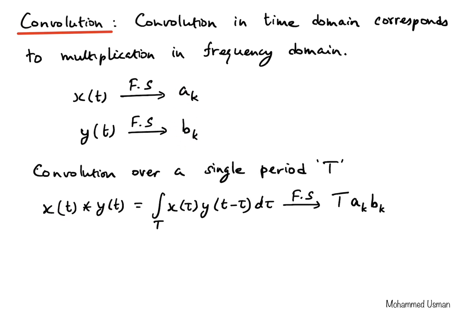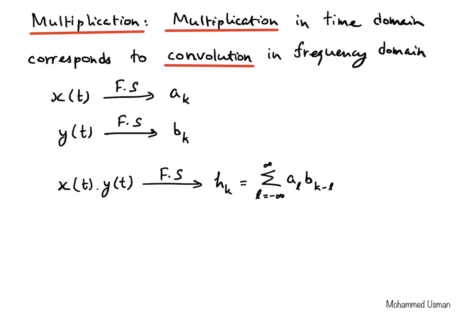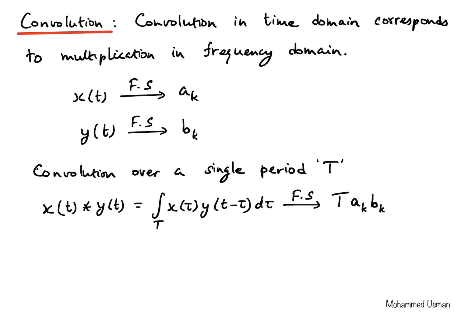coefficients. So the convolution of x of t and y of t over a single period T will have a Fourier series given by the product of ak and bk times the time period T. Since we are taking the convolution over a single period, the product of these Fourier series coefficients ak and bk also gets multiplied with this time period T. So multiplication in the time domain is convolution in the frequency domain.